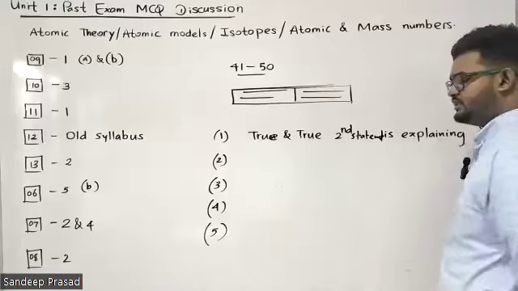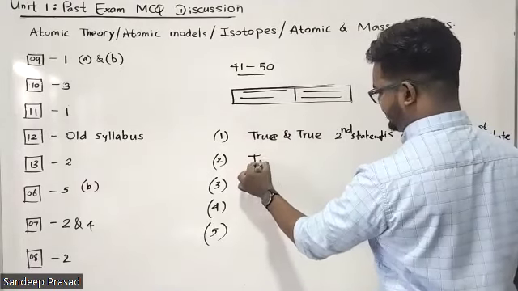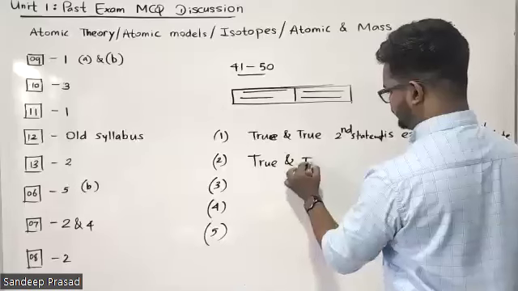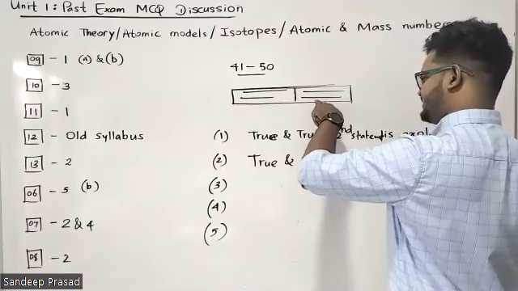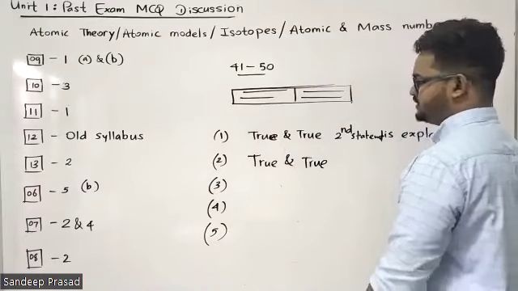Then only we have to choose option number 1. If they are both true, but the second statement is not explaining the first one, we have to choose answer number 2.